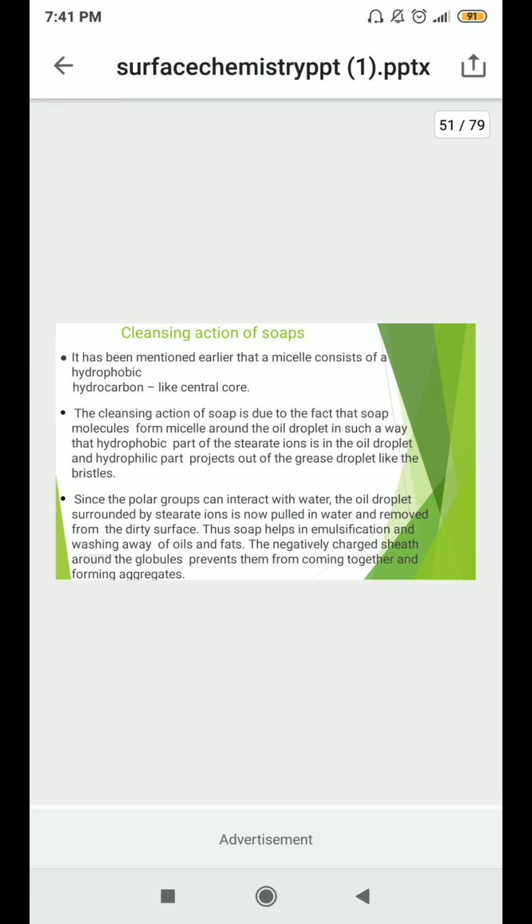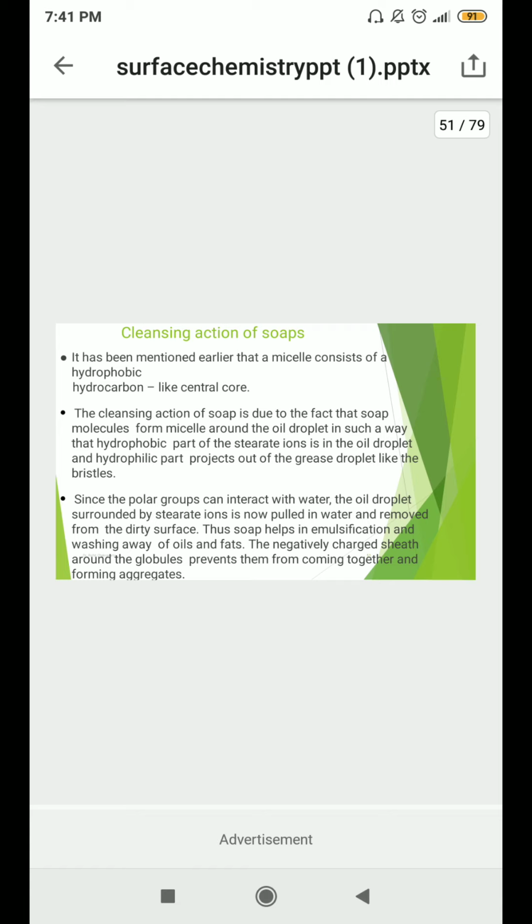Now, talking about the cleansing action of a soap, it has been mentioned earlier that a micelle consists of a hydrophobic central core of hydrocarbon chains. The cleansing action of a soap is due to the fact that the soap molecules form a micelle around the oil droplet in such a way that the hydrophobic part of the stearate ions is in the oil droplet and the hydrophilic part projects out of the grease droplet like bristles.